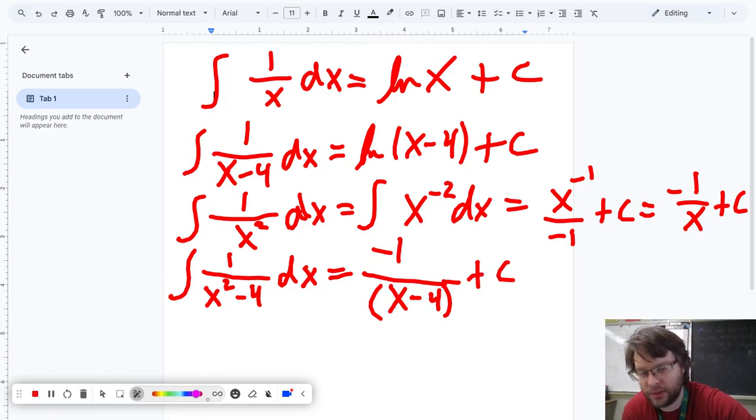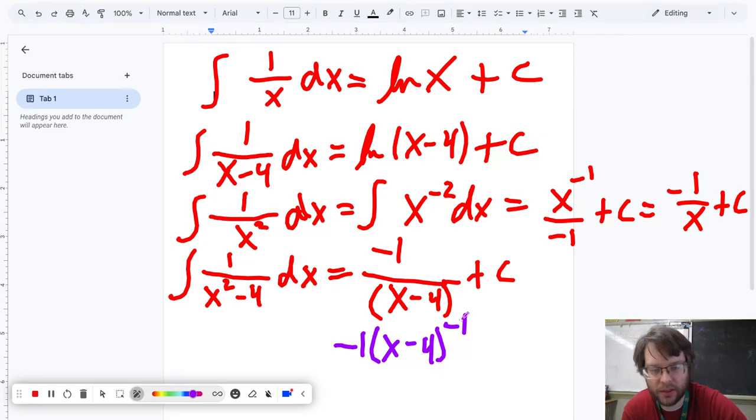If I took the derivative of that, remember that's the same as negative 1 times x minus 4 to the negative 1. So then the derivative would be 1 times x minus 4 to the negative 2 times 1.